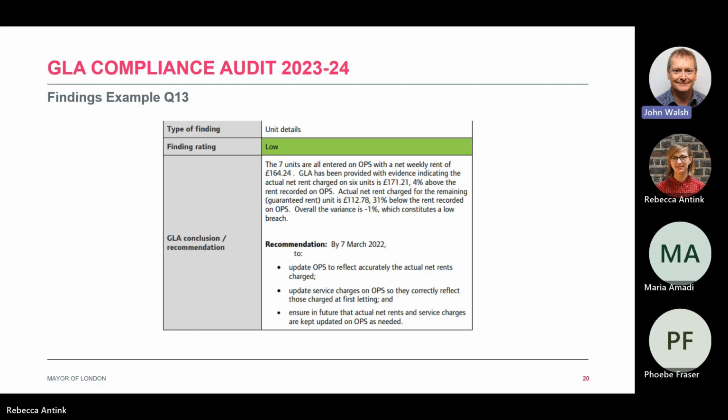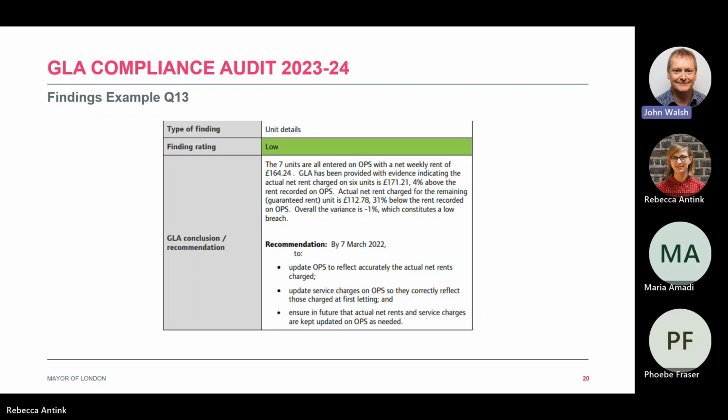And one thing that we like to remind auditors of is that when they do present this information to us, we do like to see the details of what kind of variation there is in the rent data or the service charge data that's been entered into OPS.